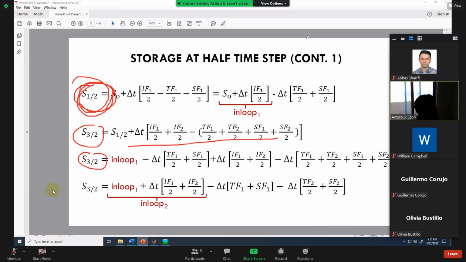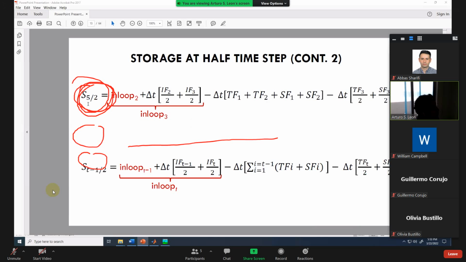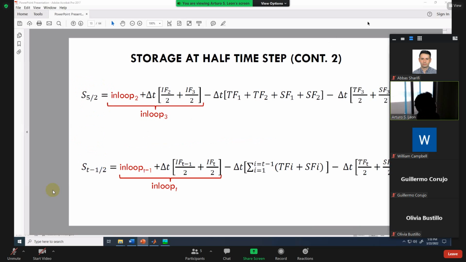You can keep doing that. This is the storage at 2 hours and a half. You can do it. I'm doing this step by step. So if you do this, you will have this at 2 hours and a half. Then, after you do the first 2 steps, you will realize that there is a pattern.